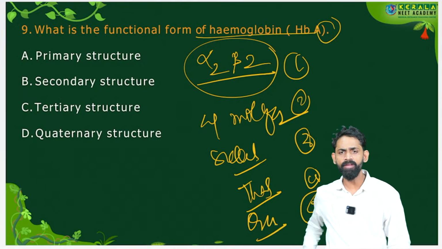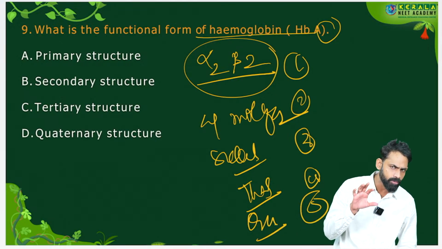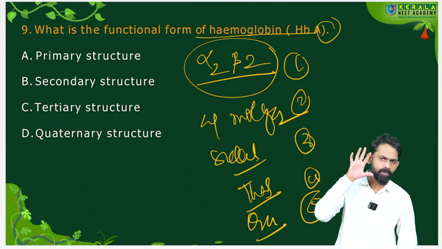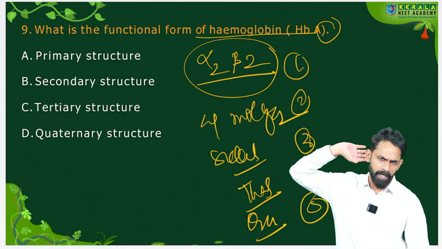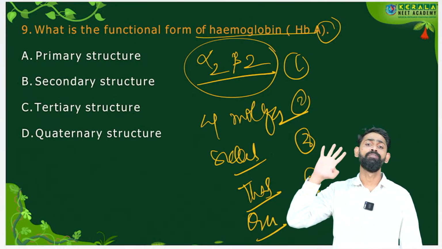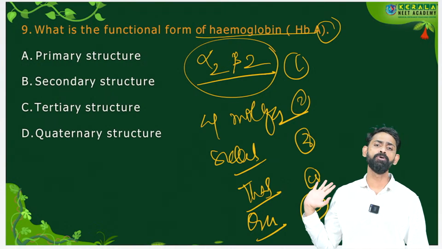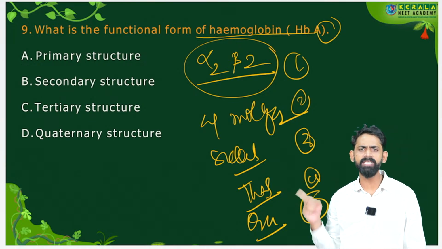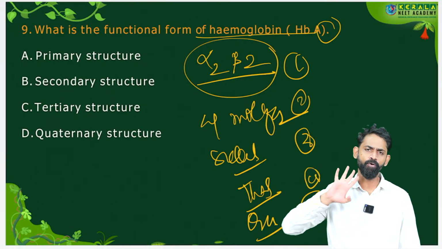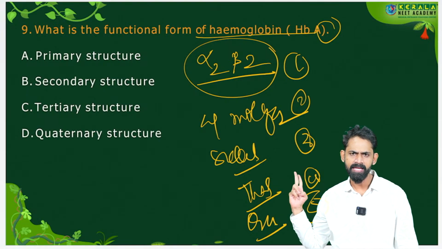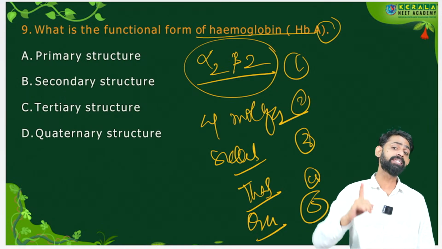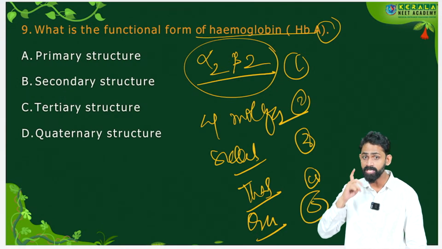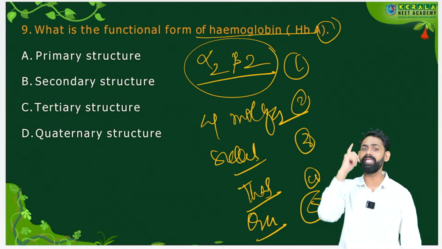See, if you don't have clarity about hemoglobin, there is a conceptual error in your brain. That is why, whenever you speak about hemoglobin in adults: 4 polypeptide chains, 2 alpha and 2 beta. Next, each hemoglobin molecule carries 4 molecular oxygens. Next, in sickle cell anemia the affected polypeptide chain is not alpha, it is beta, at the 6th position of the beta polypeptide chain.